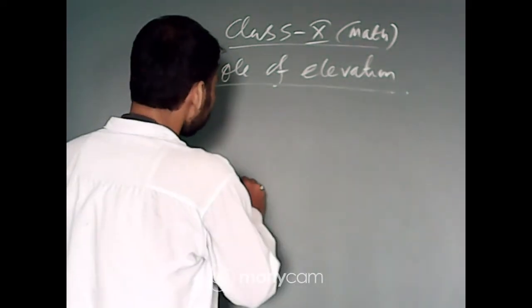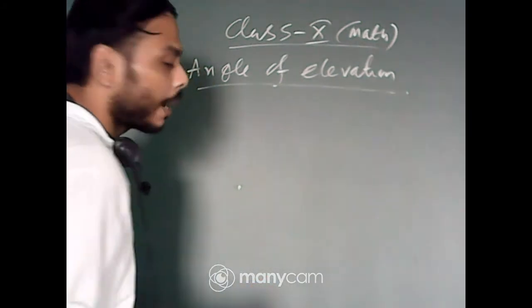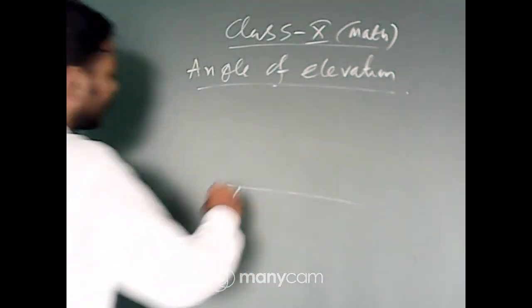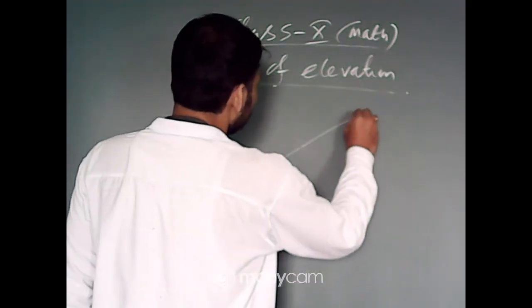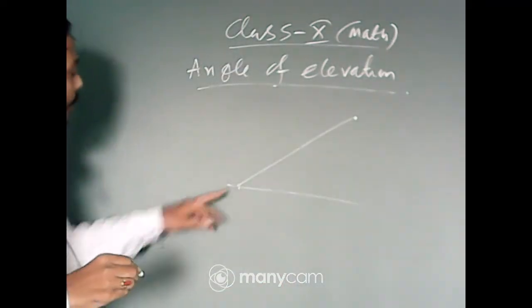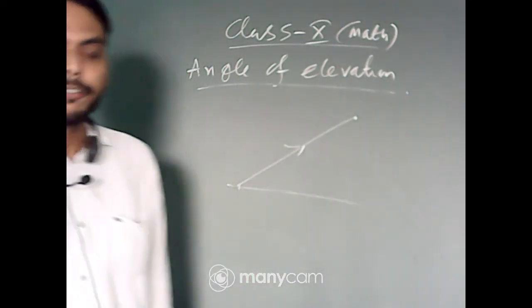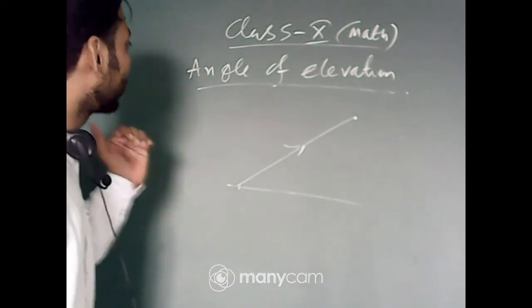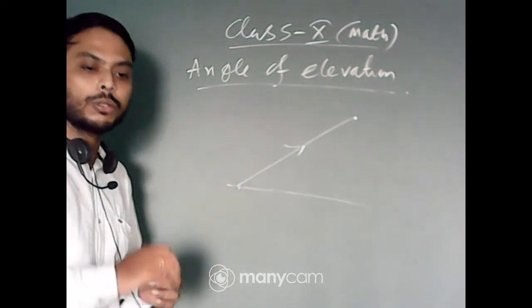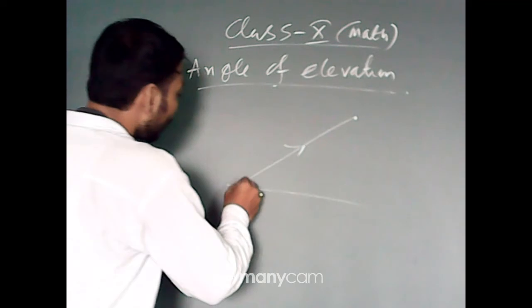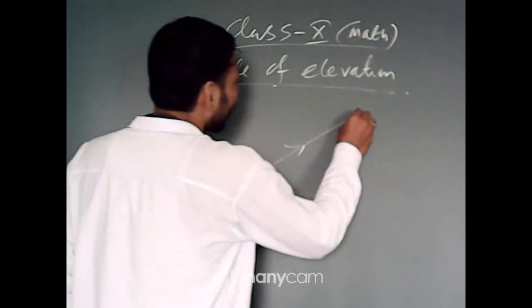Suppose you are looking upwards from the ground or the base. From the base you are looking upwards in this direction. For angle of elevation or angle of depression, you have to give the arrow for mentioning the direction here. So from the base you are looking upwards to an object.